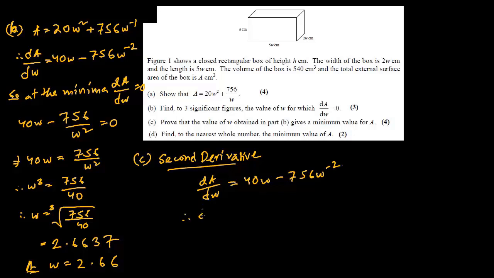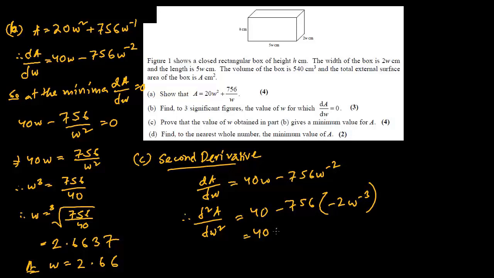When we differentiate this again, this would be d2A by dw squared. So 40w would be 40. Now minus this, let me keep the minus 756 here as a constant. So this would be minus 2w to the power minus 3. The n comes first and the power decreases by 1.